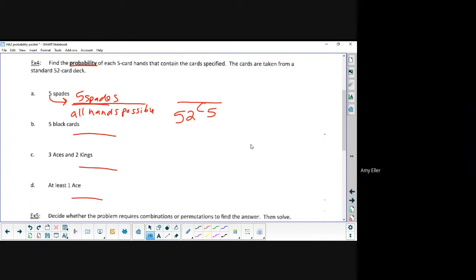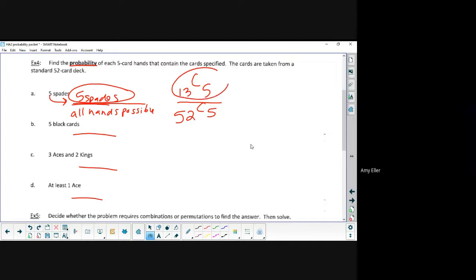The top, think of how many different ways I could get 5 spades. What do we think we're going to put on the top for the number of ways to get 5 spades? There's a lot of spades. 13. Or 13 choose. There you go. There are 13, and I want to choose 5.